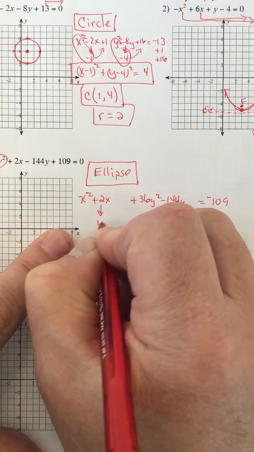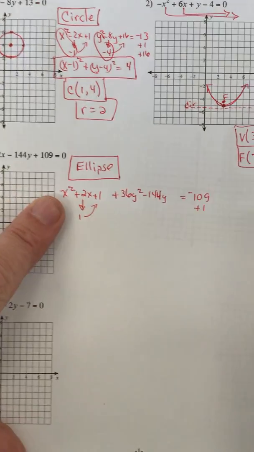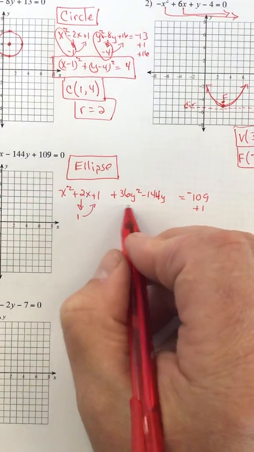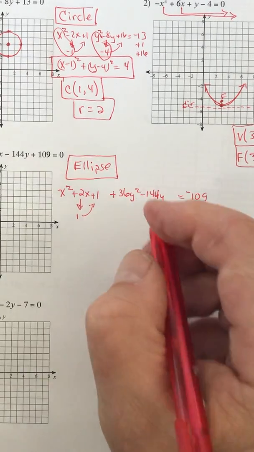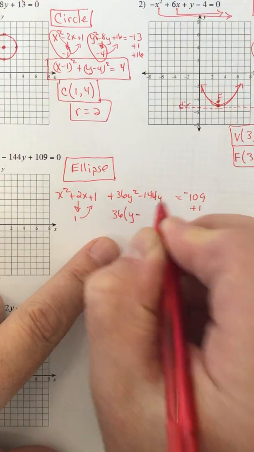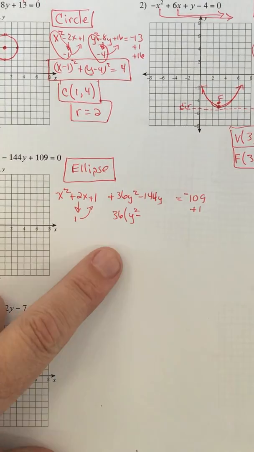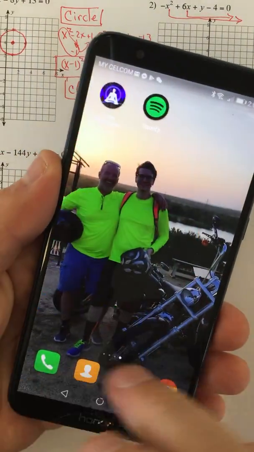Okay, cut this one in half is 1, square it is 1. So if I add 1 to this side, we add 1 to this side. Okay, over here, in order to complete the square, this can't have a 36 on it. So we've got to factor that 36 out. 144 divided by 36, I think that's 9.